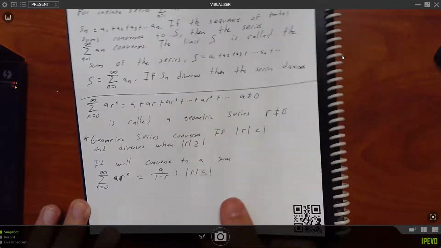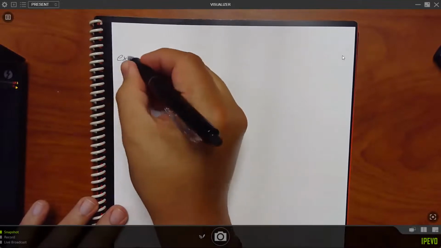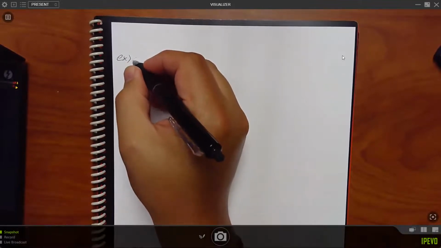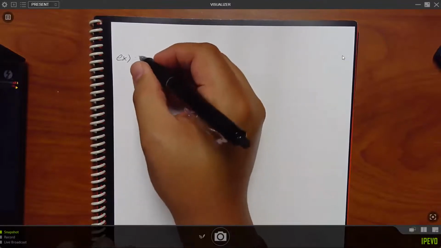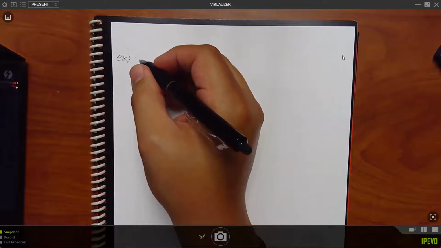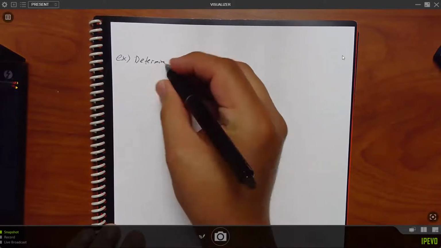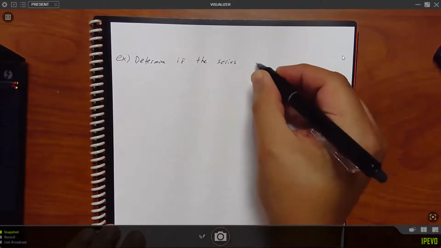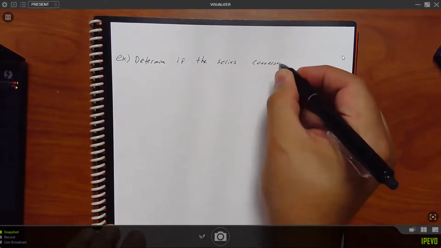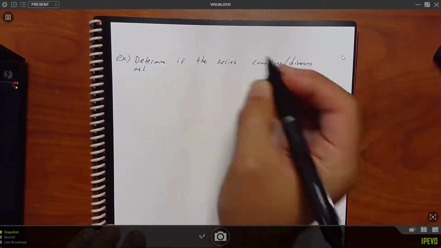All right, let's get into some examples using geometric series. Determine if the series converges or diverges, and find the sum.